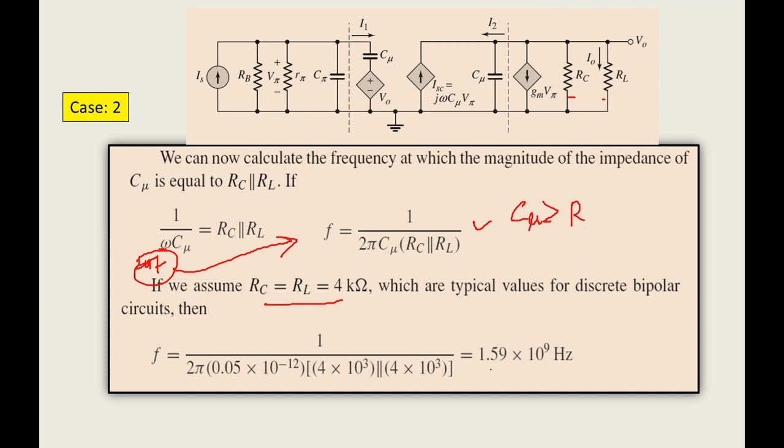Your transistor will be working below this frequency only, so the C mu reactance will be greater than R C and R L. Since it is connected in parallel, you want to remove the higher reactance part, so I have removed it from this model.